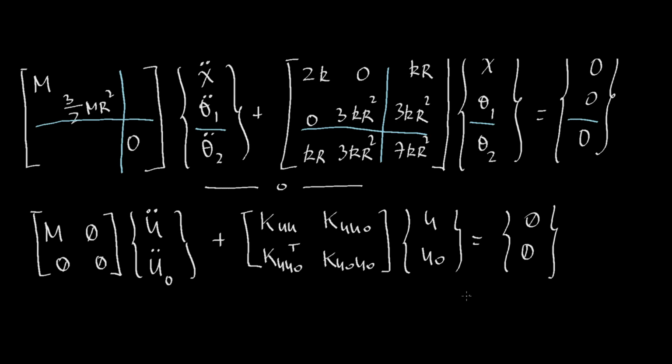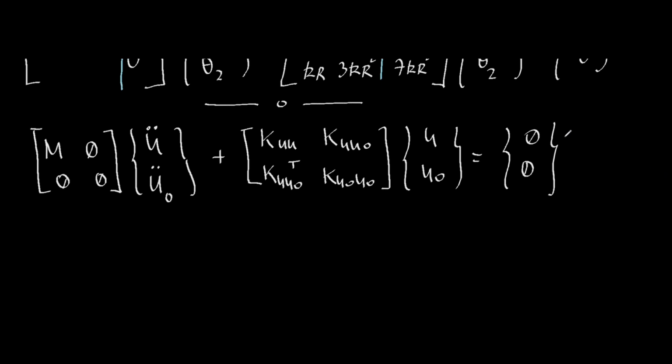What we are saying here is, again, we are dividing the total set of coordinates of our system in two groups. The first group, u, has all of the coordinates with mass associated to it, and u sub 0 all the coordinates with no mass associated to it. The mass matrix will have terms m associated with u, but 0 associated with u sub 0, and these will be the submatrices of the stiffness matrix.